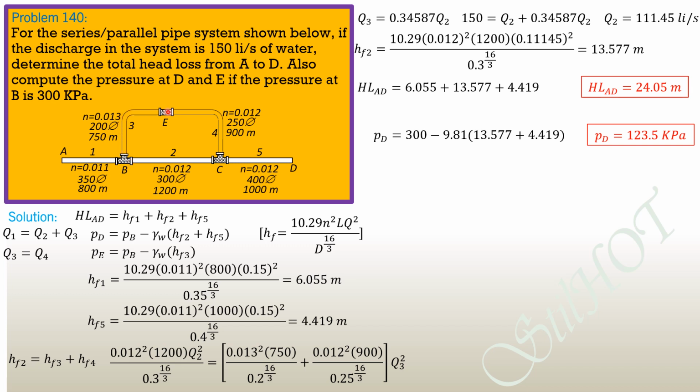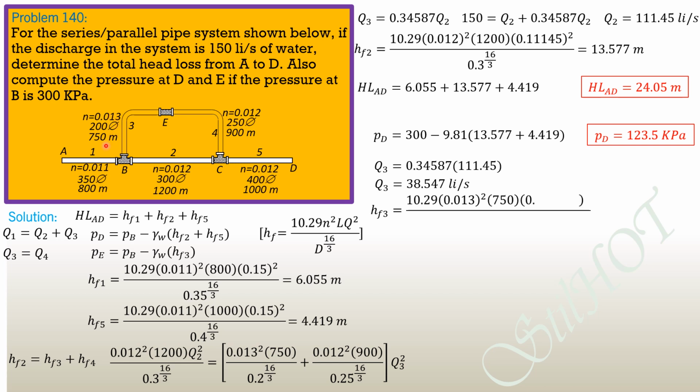While the pressure at E is equal to the pressure at B, which is 300, minus the specific weight of water times HF3. So to solve for HF3, we compute first Q3, which is 0.34587 of Q2, and Q2 is 111.45. So Q sub 3 is equal to 38.547 liters per second. HF3 therefore is equal to 10.29 times 0.013 square, length 750, discharge 0.038547 square divided by diameter 0.2 raised to 16 thirds.